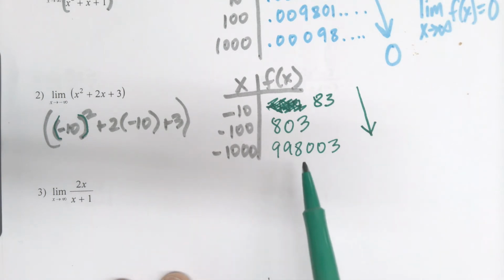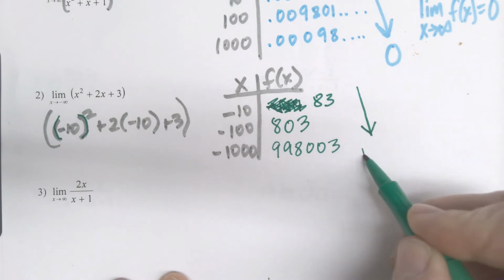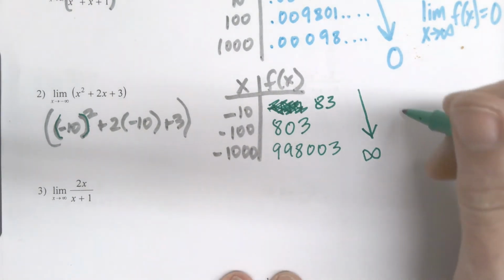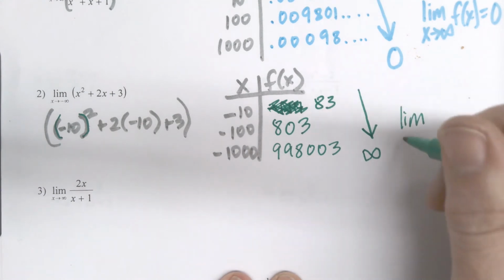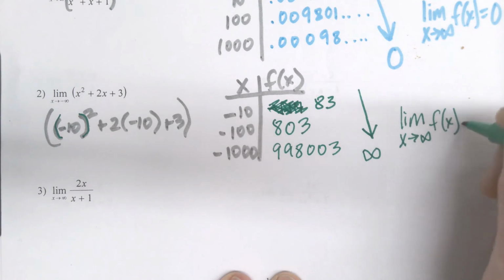These numbers are getting bigger and bigger and very, very quickly bigger, right? So I would say this one is approaching positive infinity. So the limit as x approaches infinity of this function is infinity itself.